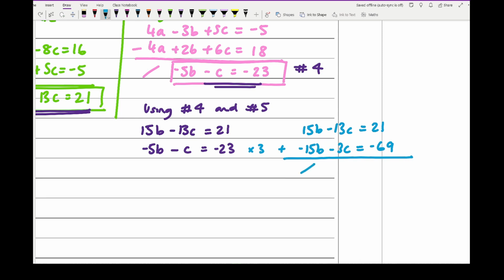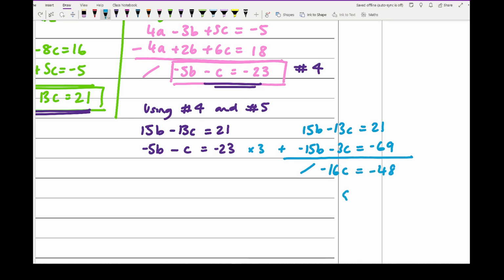The b's cancel out. Minus 13 plus minus 3 is minus 16c, and 21 plus minus 69 is, let me just quickly check, minus 48.